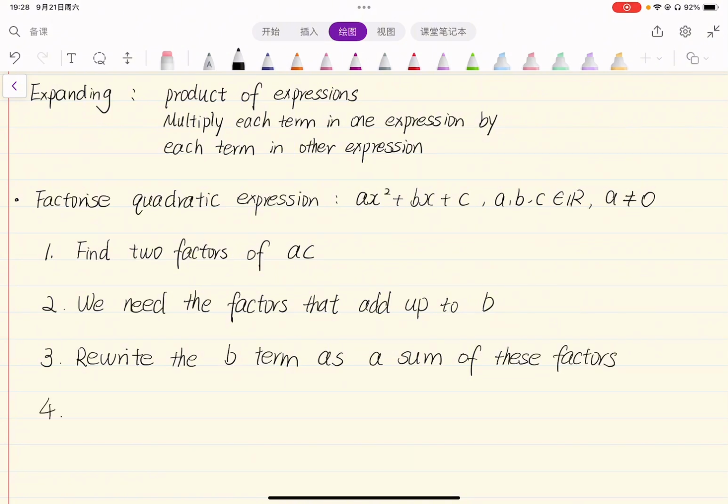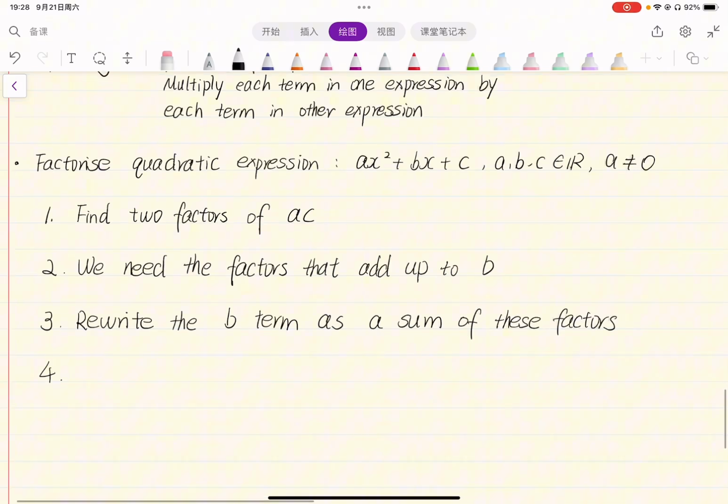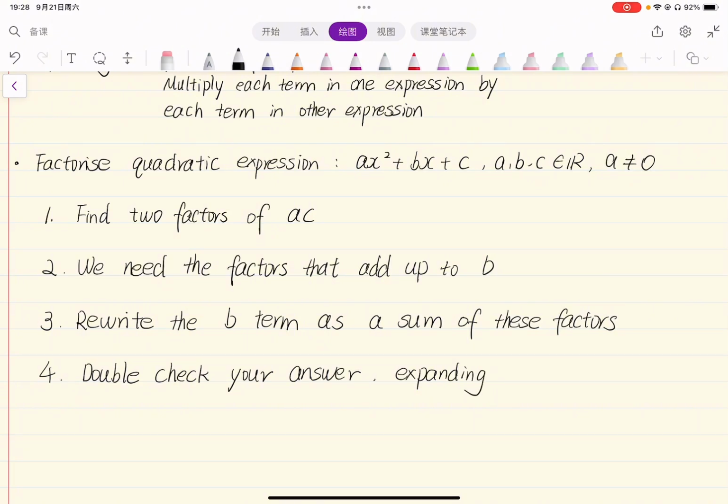And the final one, after we get the answer, we need to double check it. How do we check it? Expanding your answer.